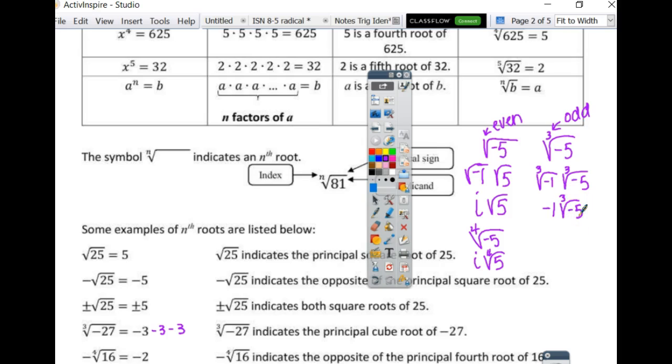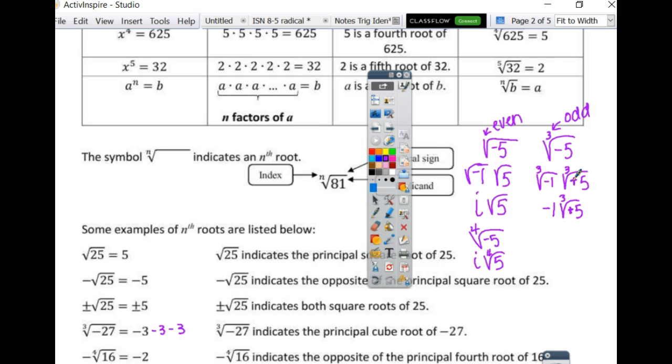So you get a negative 1. So it's easier, actually. Oh, this becomes positive. Sorry. So if it's odd, we put a negative 1 here. And if it's even, we put an I. Okay? Odd, negative 1, even, I.